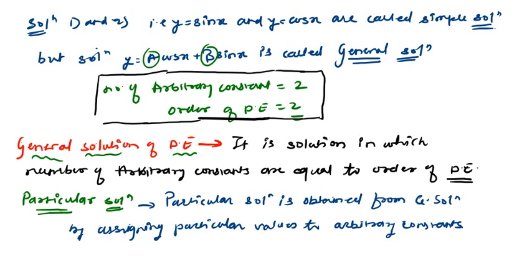What does it mean? We had this differential equation, d2y by dx square plus y equal to 0, and we got the general solution for this differential equation: y equal to a cos x plus b sin x.